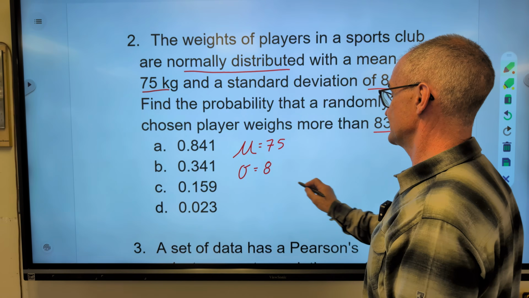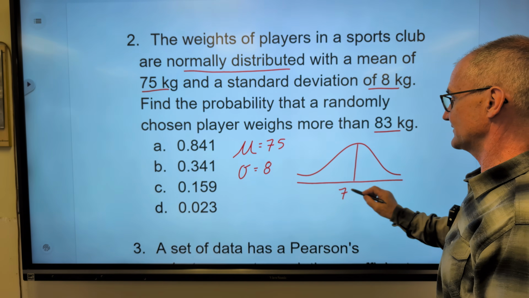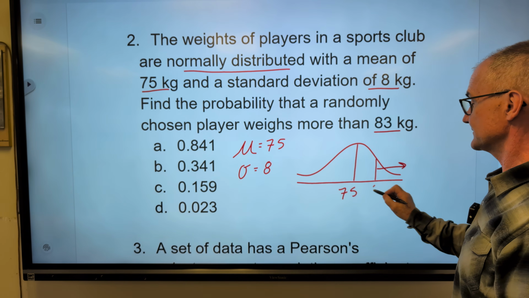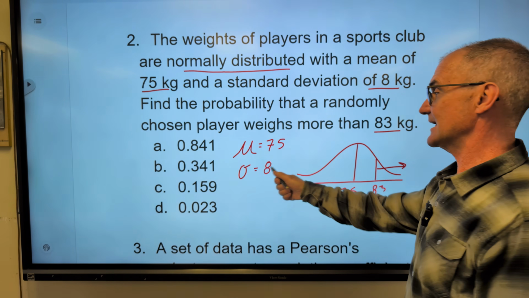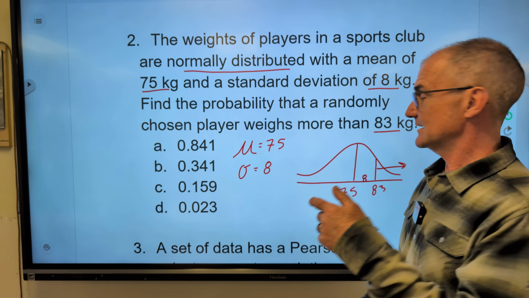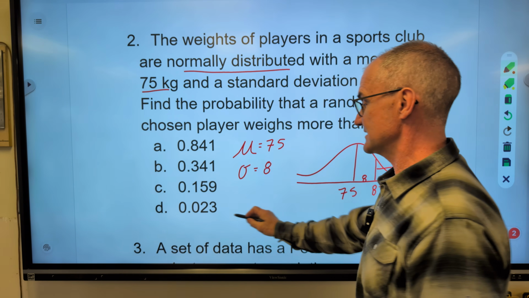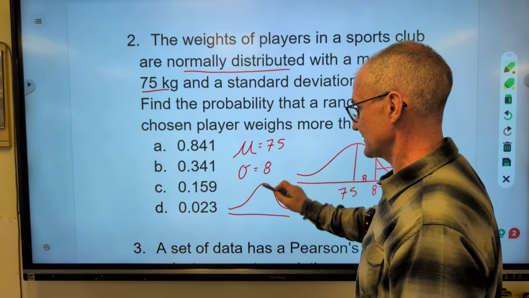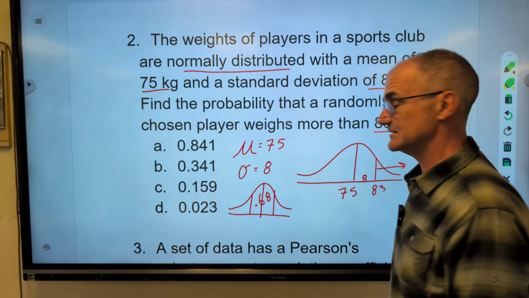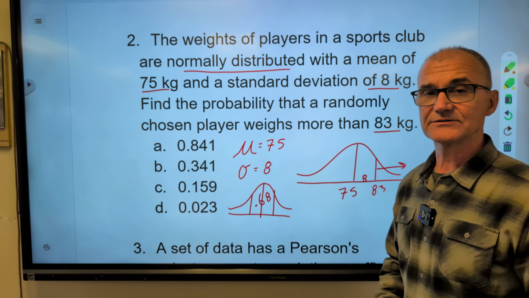This normal distribution is telling you it is a bell curve. The mean right here is 75. I am asking how much is more than 83. I know that it is exactly 1 standard deviation away. I need to know my empirical rule here. That is saying that within 1 standard deviation of the mean is 68% of the population, leaving a total of 32% for both tails.